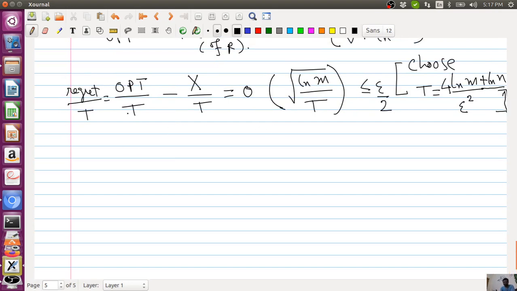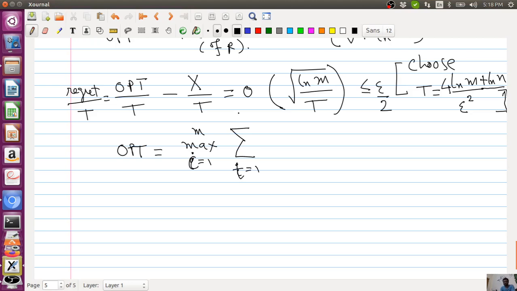So now let's focus a bit on opt. So what is this opt? So opt is the maximum over all fixed strategies. So maximum for i equal to 1 to m, the total reward if R plays Ai throughout.